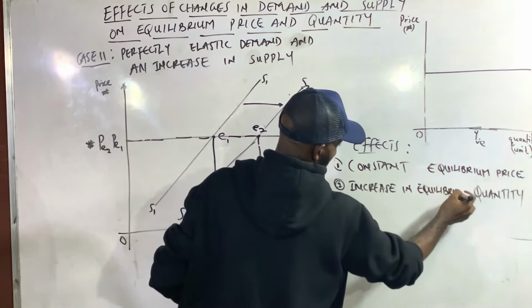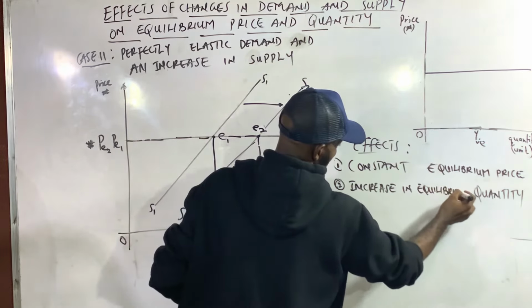We can take the diagram again so that we don't get confused. I have the axes, and then establish the demand curve D1, and I will have the original supply curve S1.